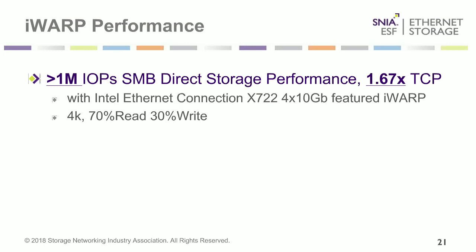The workload is a 4K payload with 70% read and 30% write. Compared with standard TCP, we see almost 1.67x improvement, and we can hit over 1 million IOPS for a single physical host with the 4x10 gig connection.